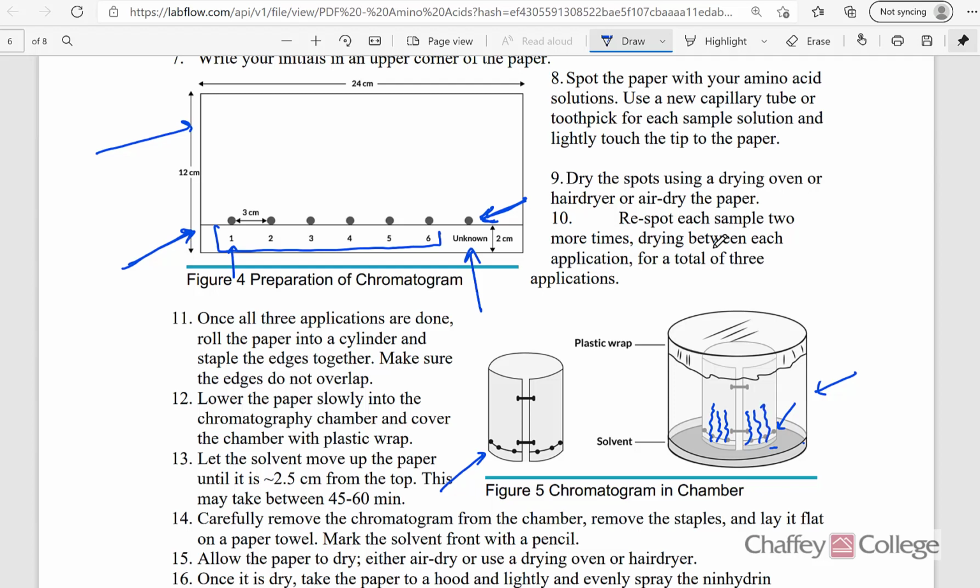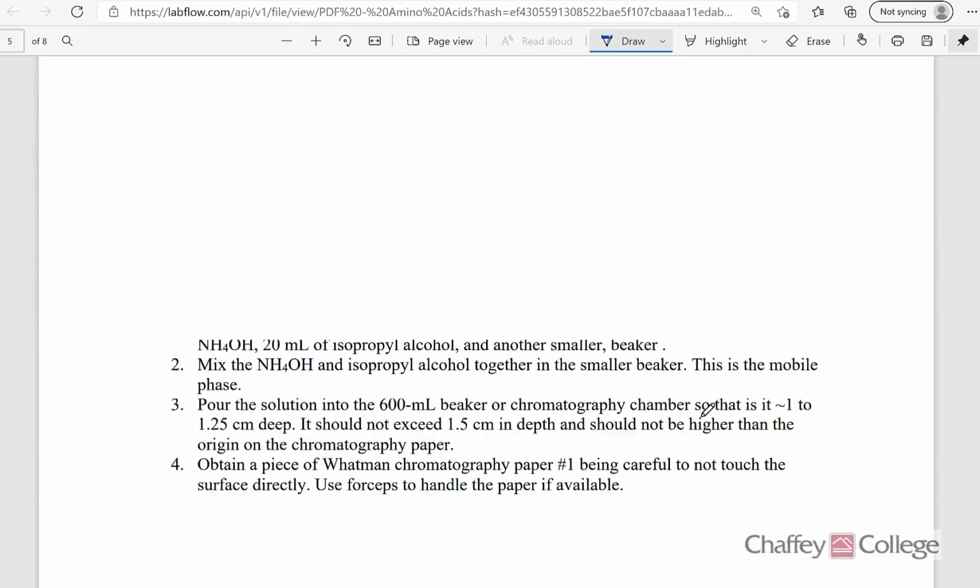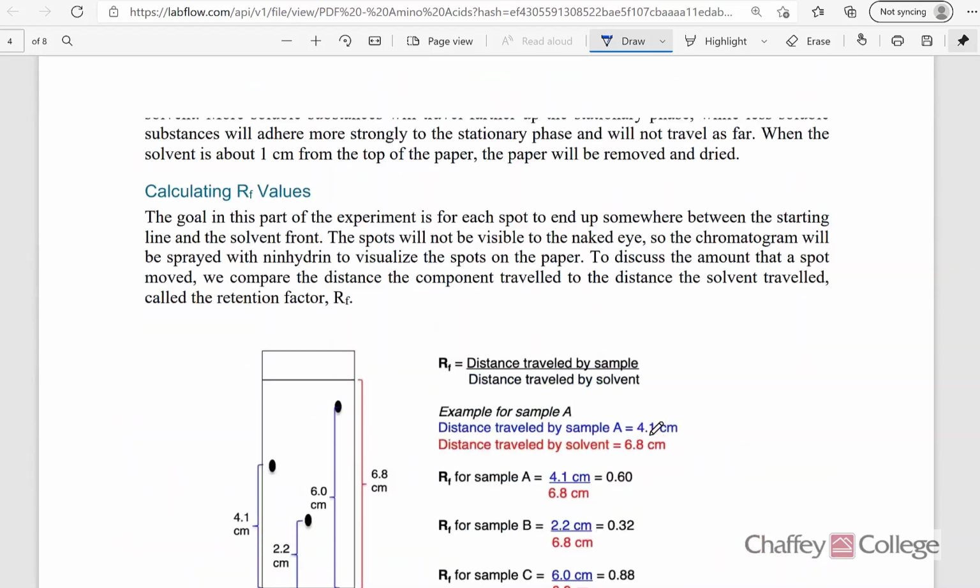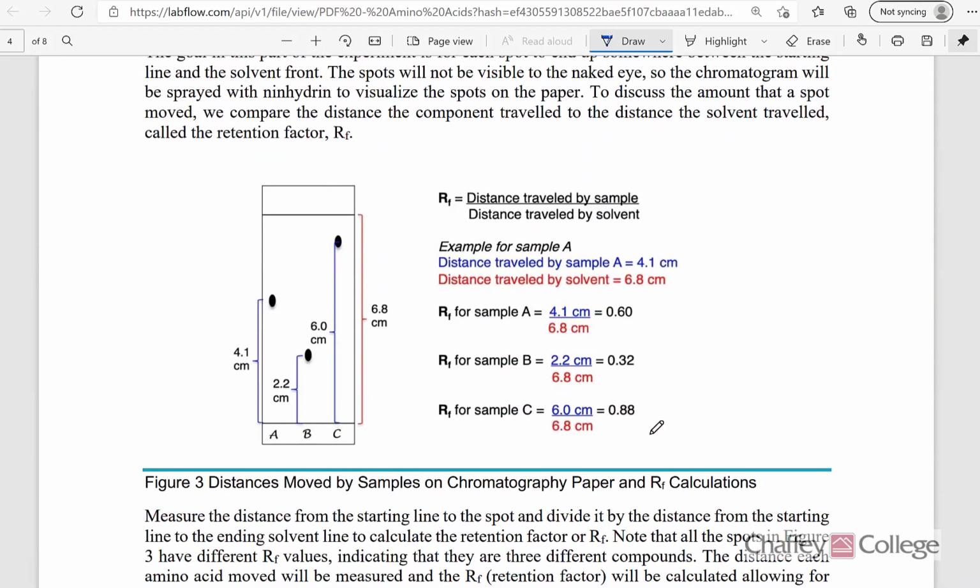As the solvent is moving up, it will start dissolving the amino acid spots, and those amino acid spots will also start traveling. Once the solvent reaches almost to the top of the filter paper, we will pull this filter paper out. And when we pull this filter paper out, we let it dry. And we will get a sample something like that.